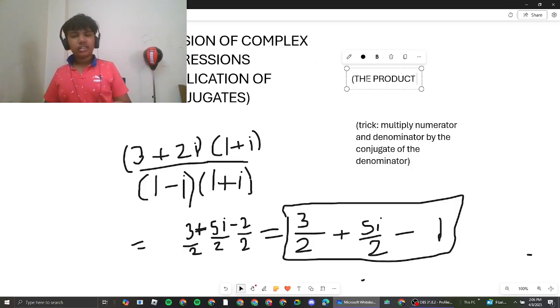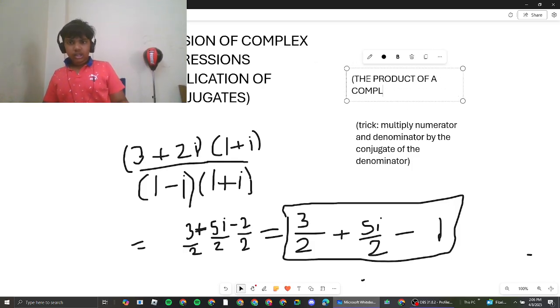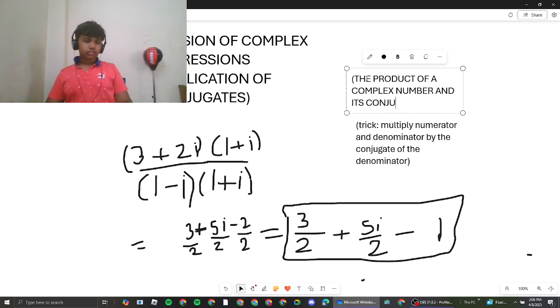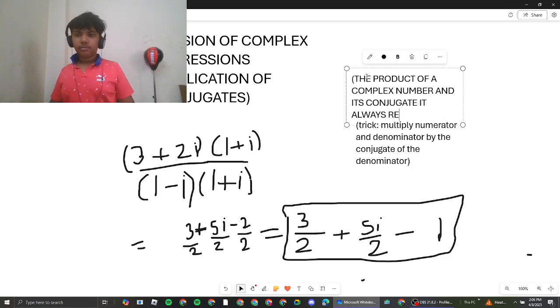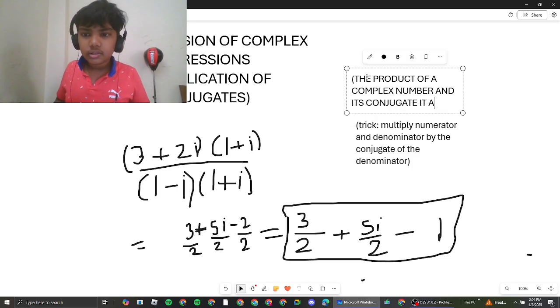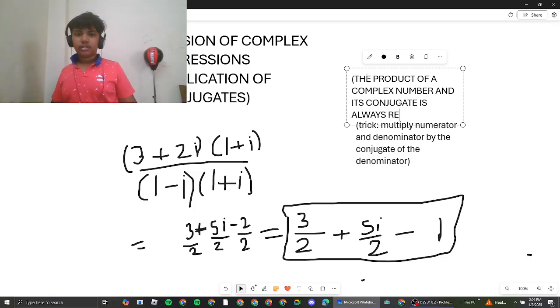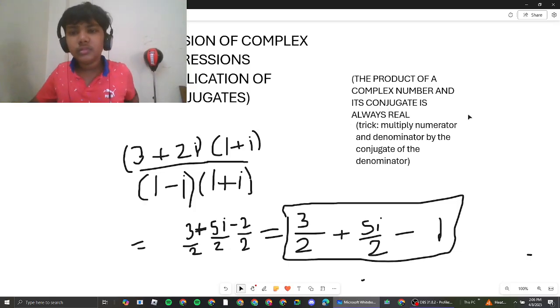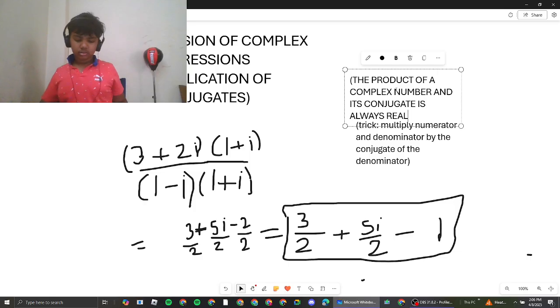The product of a complex number and its conjugate is always real.